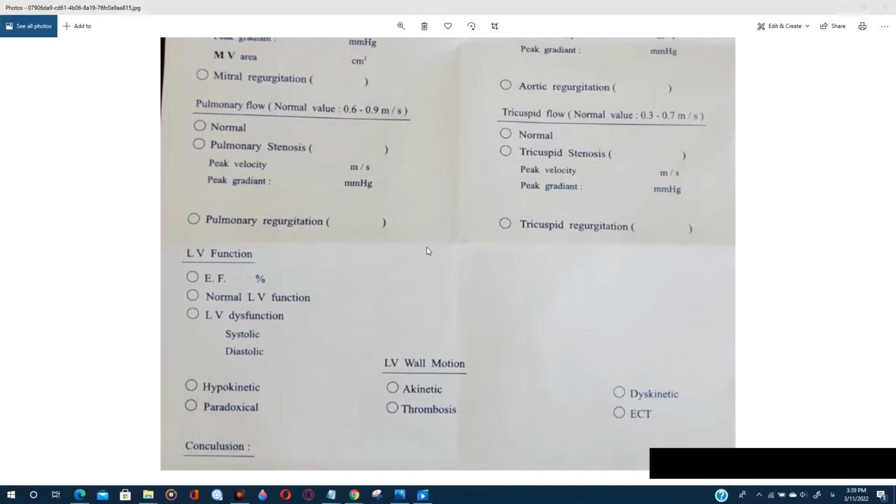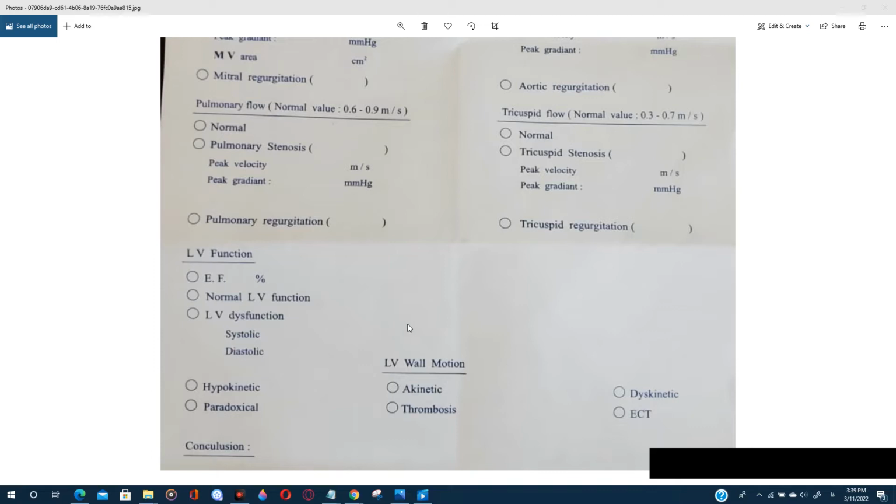The heart is a pump that takes blood from the veins, and by contraction of the LV the blood flows to the aorta and is pumped to the body. So the power of this pump is very important.